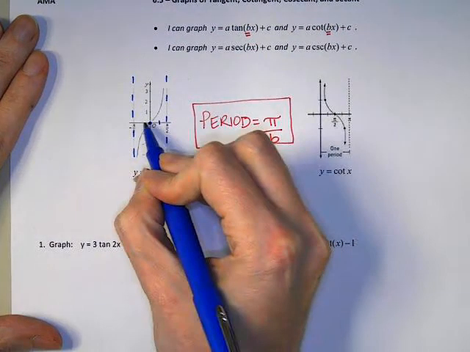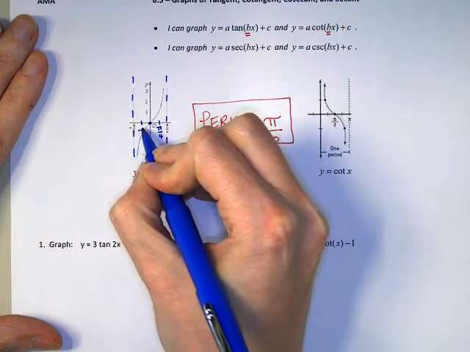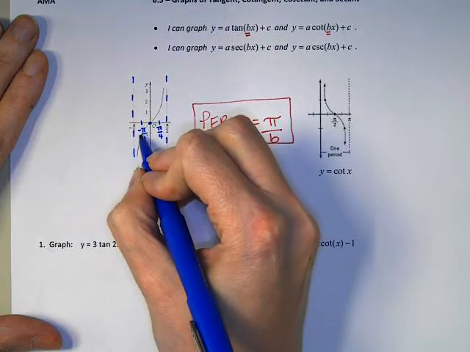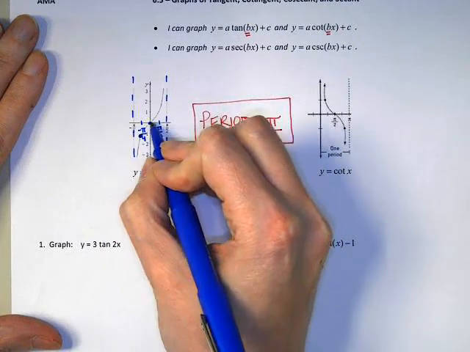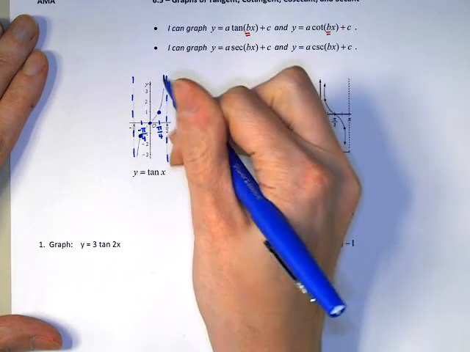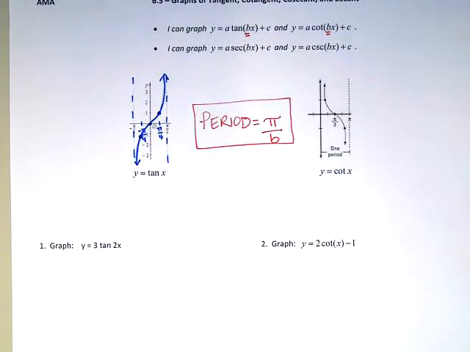And then these other key points would be pi over 4 and negative pi over 4. And at negative pi over 4, tangent is negative 1. And at positive pi over 4, tangent is positive 1. So these are kind of the 5 key points that I start from when I do tangent.